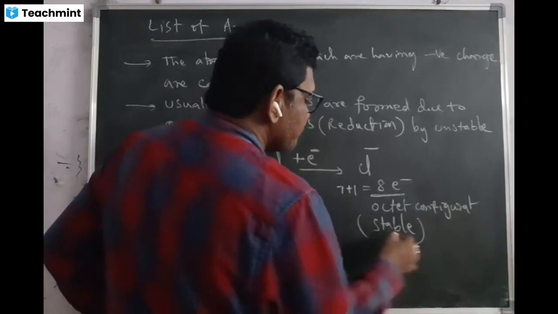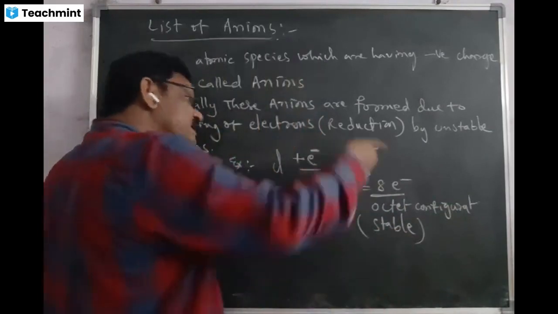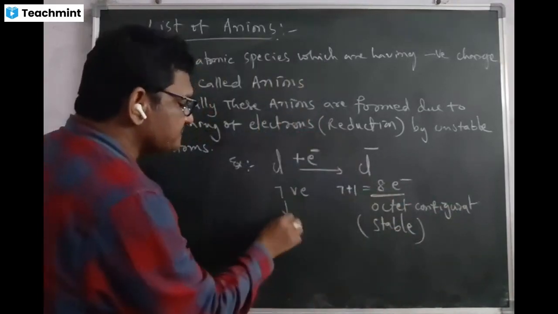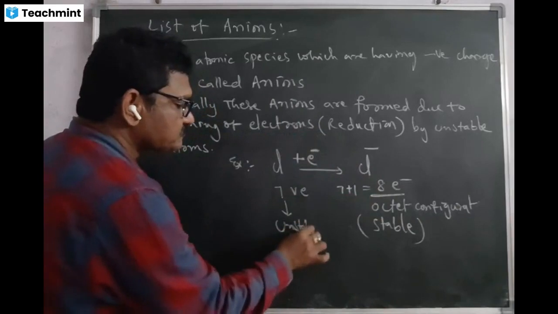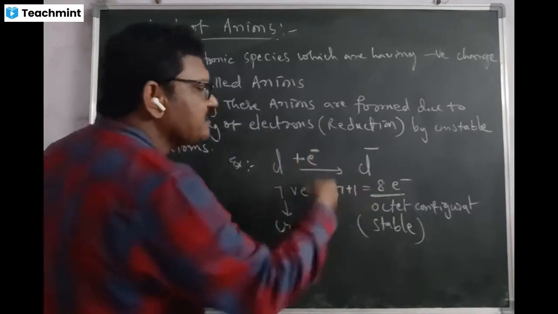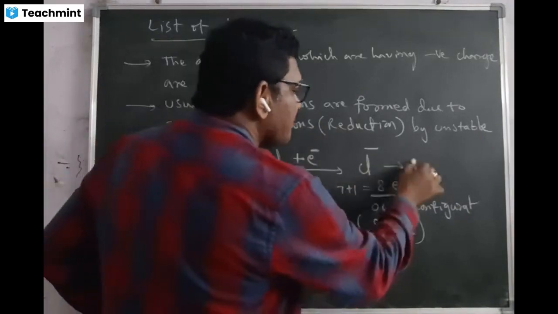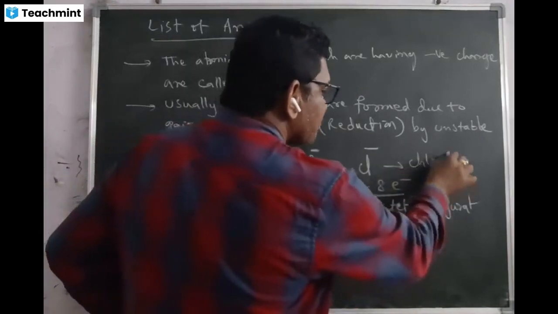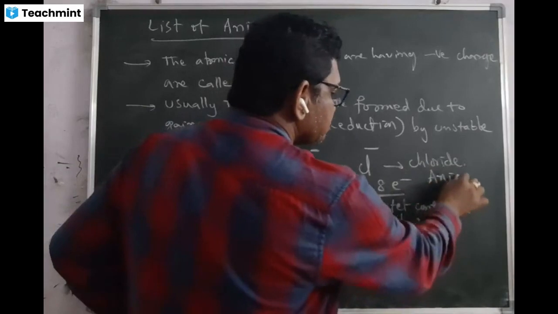So simply remember, chlorine is unstable, chloride ion is stable. This is unstable. Okay, to attain stability, it has to accept 1 electron, becomes Cl minus. This is called what? Chloride ion. Write down this.